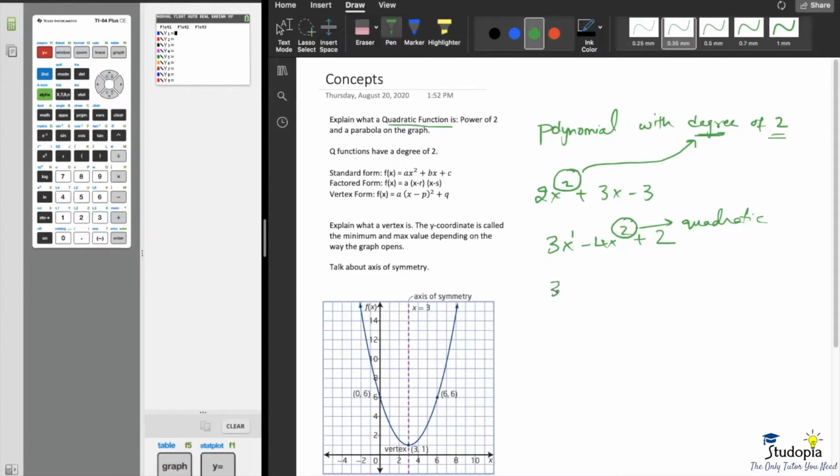However, if you see something like 3x cubed minus 4x squared plus 3, that is not a quadratic. And that's because the degree is 3 and not 2. Okay, because 3 is the highest power of x and not 2. So that's how we identify what a quadratic function is. Okay, so quadratic functions have a degree of 2.